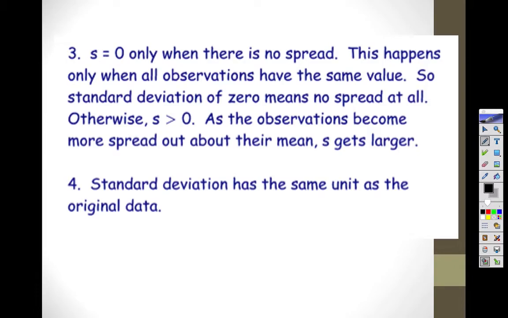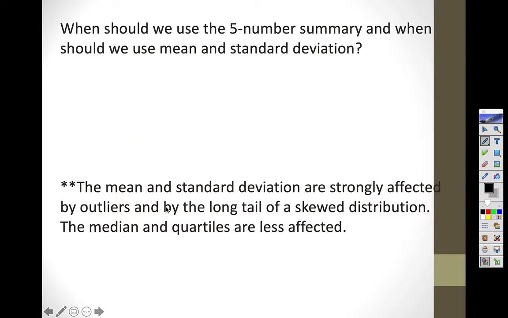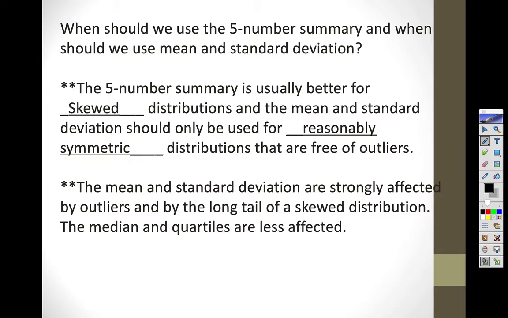It means every data point would be the same. That doesn't happen in real data sets. So standard deviation is always going to be greater than 0, nothing negative. And last thing is, standard deviation does indeed have units. If we are talking about test scores, then the standard deviation is in points on the test, the same thing as the real data.